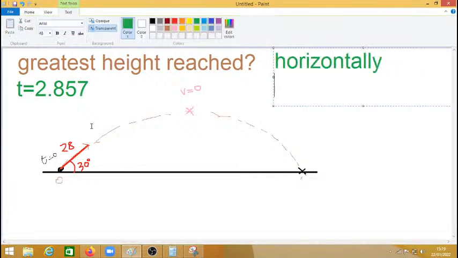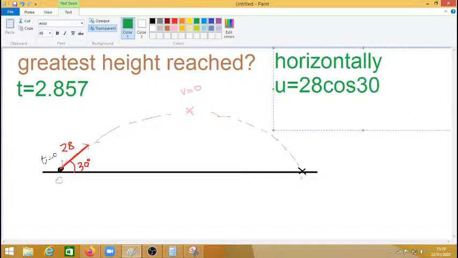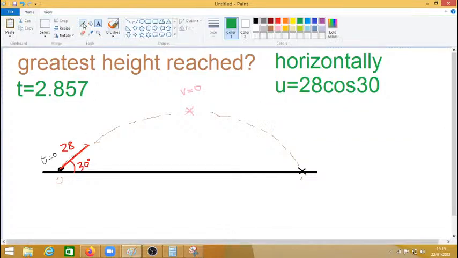So horizontally, we know when it hits the ground here, we know the initial velocity. The initial velocity was 28 cos 30 because it's going horizontally. So we're looking at the horizontal component. That would be this way, adjacent to the angle.